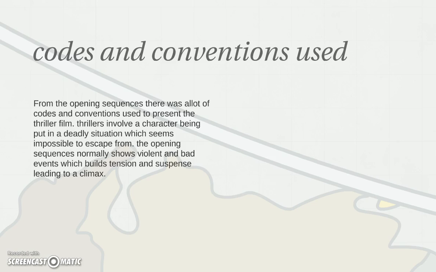Which again shows that this was leading to a climax, as this was the main part of our film trailer, because this was the turning point of what would occur next.